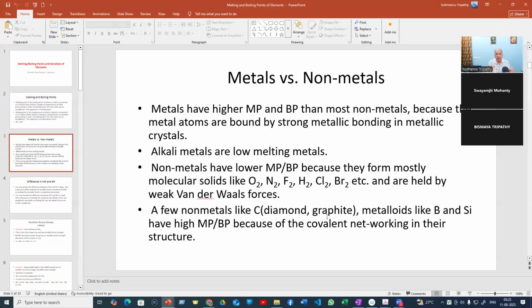Because, in non-metals, the entities, the particles are in the molecular form, and there is a weak van der Waals forces between them, or at the most dipole-dipole attraction, which is not a true chemical bond. And therefore, when we melt such a substance which are covalent in nature, we do not break the covalent bond. When we melt, say, iodine, we do not break down the I-I bond.